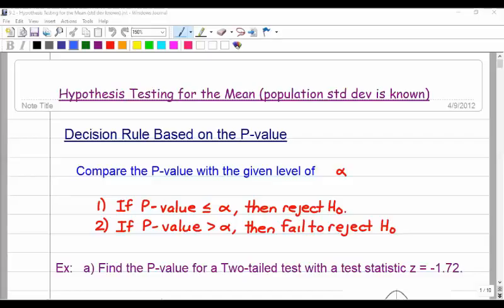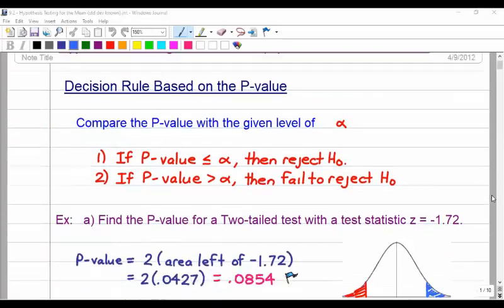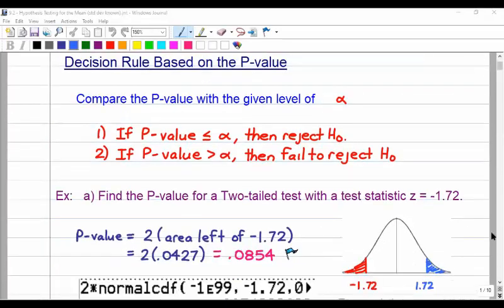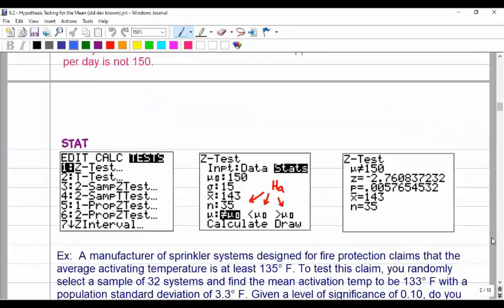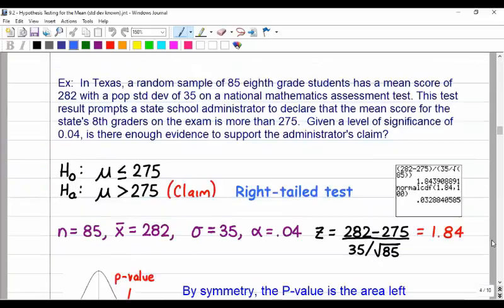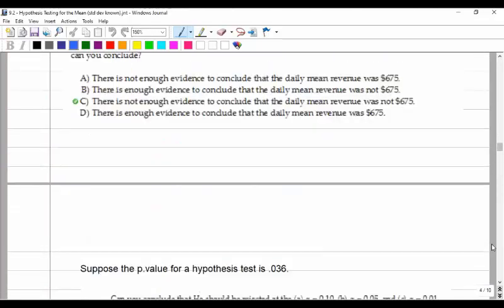Let's see what we have here. Now, let me scroll down, because we did hypothesis testing last week using the p-value method, and we stopped right before the second method for doing this.